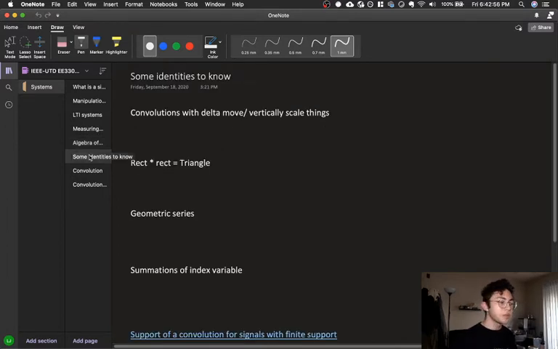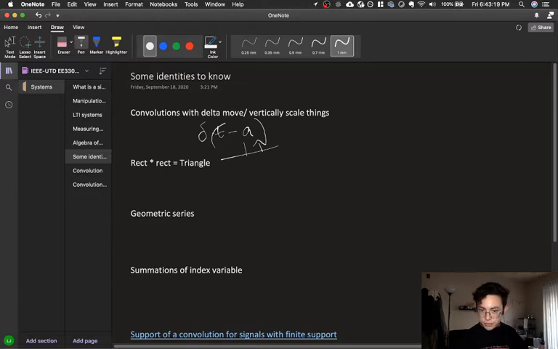A few things that would be pretty beneficial for you to remember for your exam: we can convolve things with a shifted delta, delta of t minus a. This would be a spike that's somewhere else.